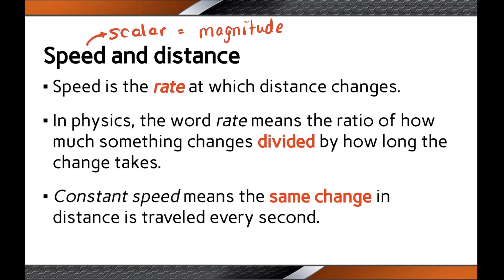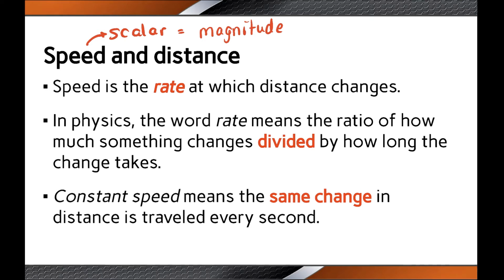And we determine what that value is by figuring out the rate at which distance changes. You know, if your position changes, you're in motion. So your distance is changing. Well, how much time does it take for you to change? See, in physics, the word rate means the ratio of how much something changes divided by how long it takes.